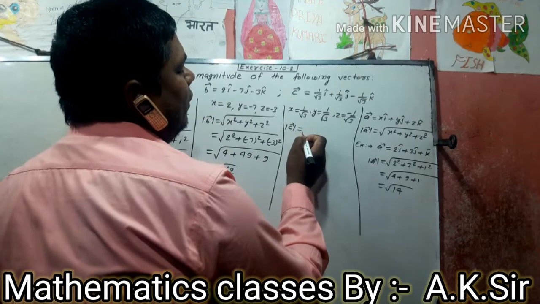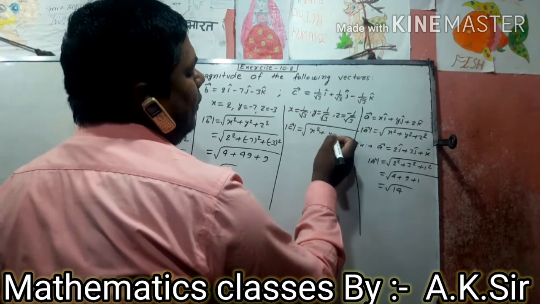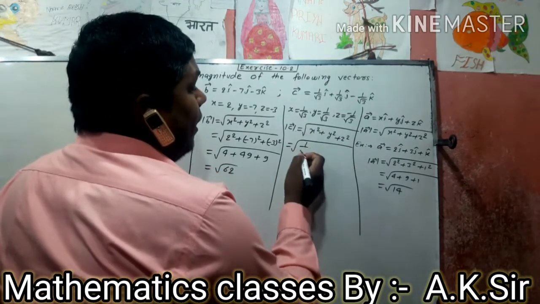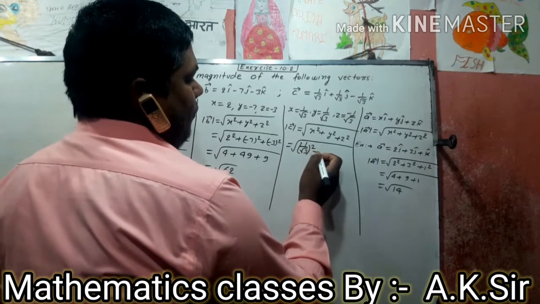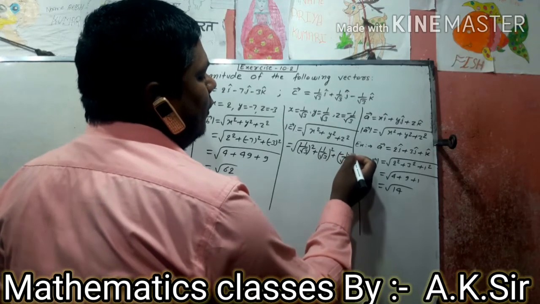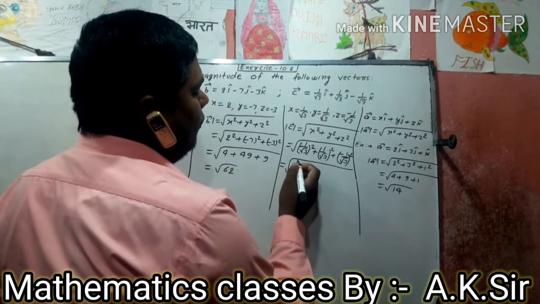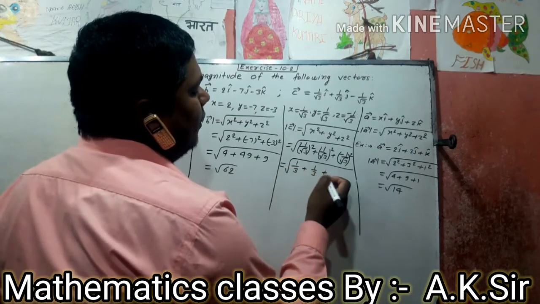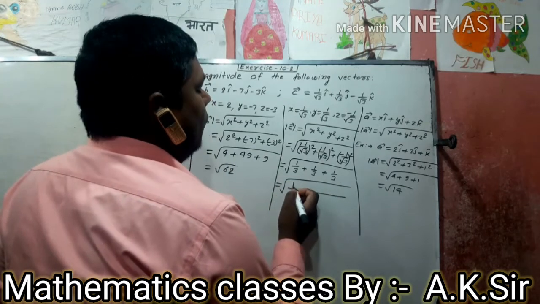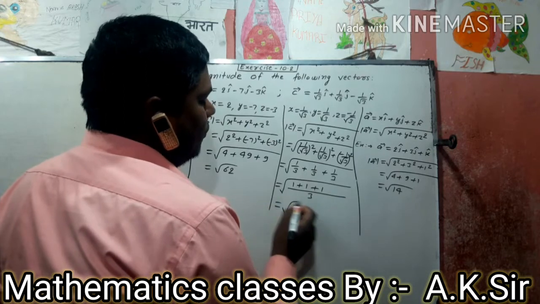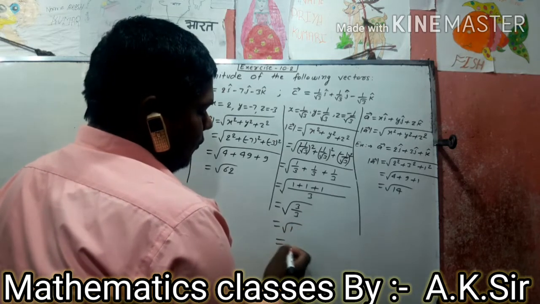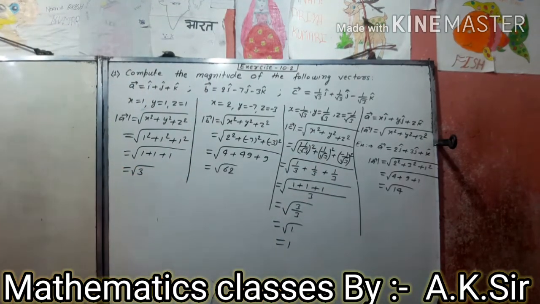Magnitude of c vector is equal to under root x square plus y square plus z square, equal to under root 1 by root 3 square plus 1 by root 3 square plus minus 1 by root 3 square, equal to under root 1 by 3 plus 1 by 3 plus 1 by 3, equal to under root 3 by 3, equal to under root 1, equal to 1. This is our answer.